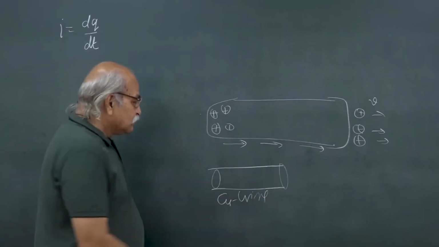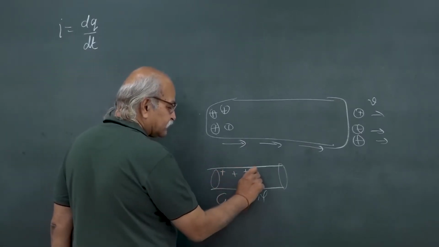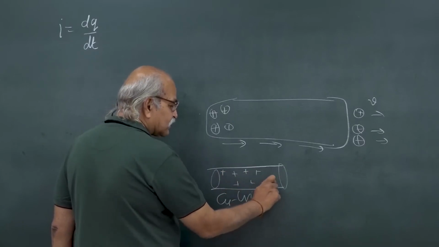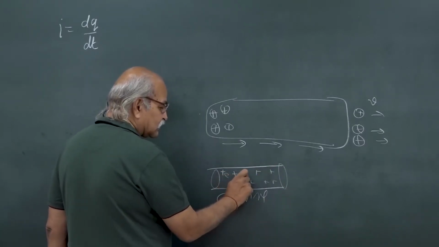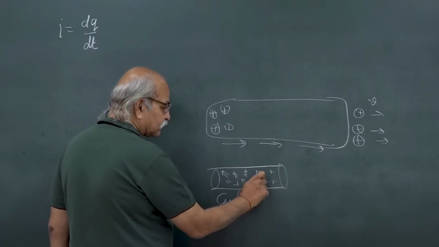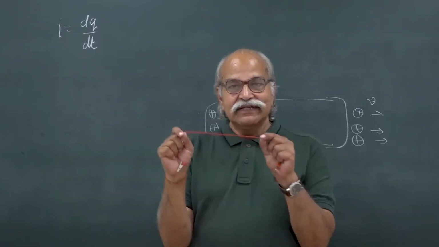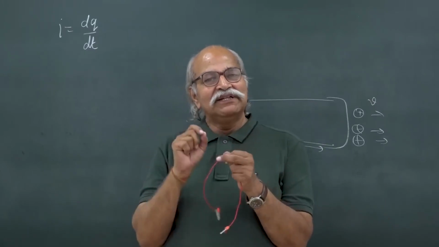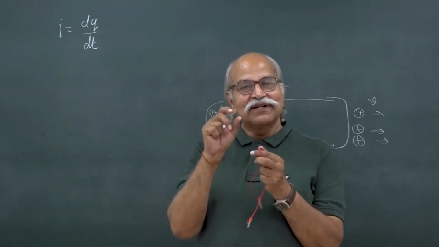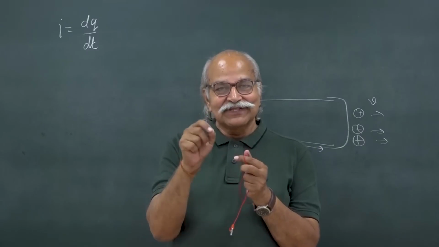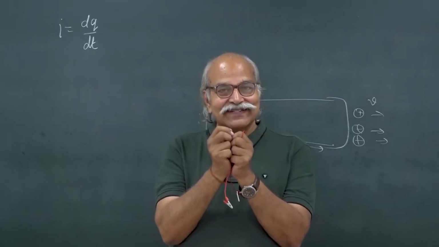It has lots of positive charges, and also the electrons. This copper wire inside has many copper ions and electrons, copper nuclei, let us say.